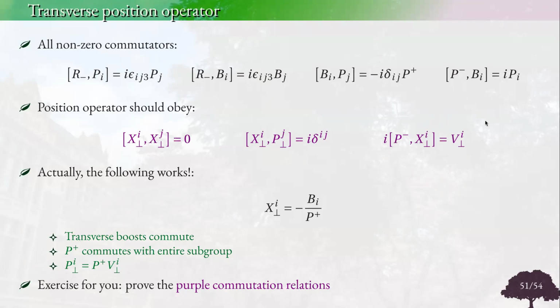The commutator with the Hamiltonian should give you your velocity. And actually, the really neat thing is that you take your transverse boost minus your transverse boost, divide it by P plus, and this satisfies all these commutation relations. It has the same algebra as a position operator. That's really neat. Learned about that from a lecture by Cedric Lorcet.